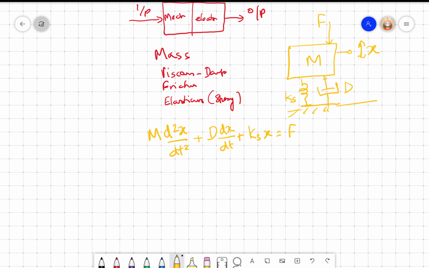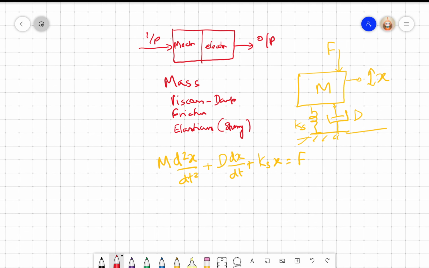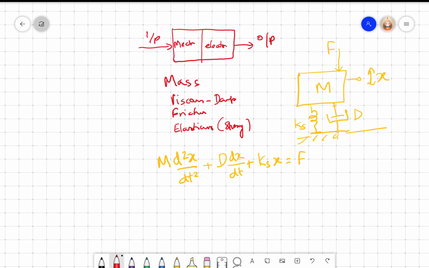Now this is a second order differential equation that describes a mechanical system. Now if I look at the transducer, it has a mechanical part, right? And it has an electrical part, right? So I can model the mechanical part, as I said, as a mass, spring and damper.